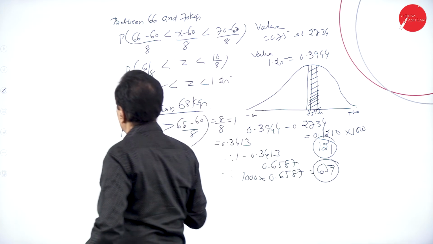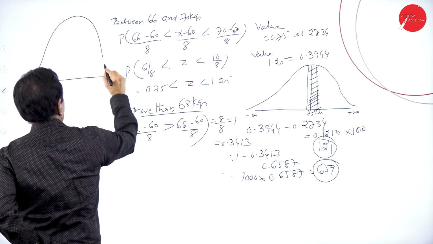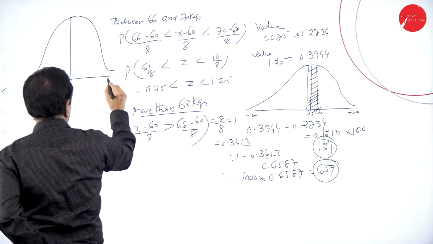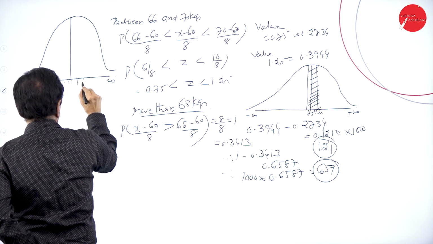So put it on a graph now. This is minus infinity. This is minus 1, minus 2, plus 1, plus 2.